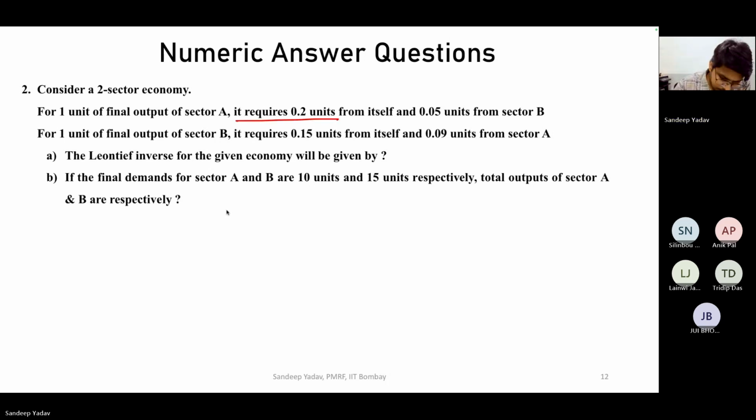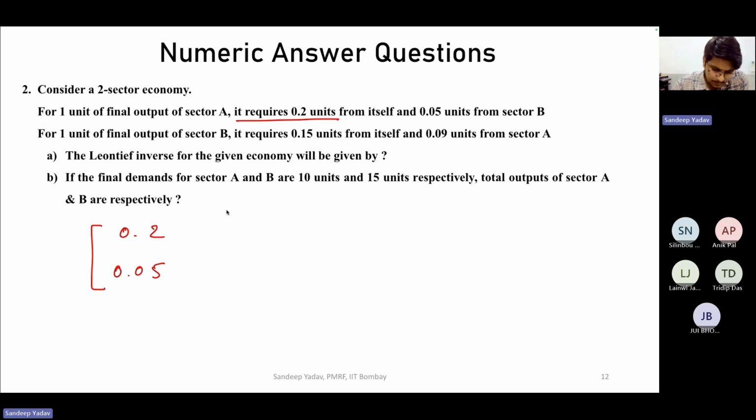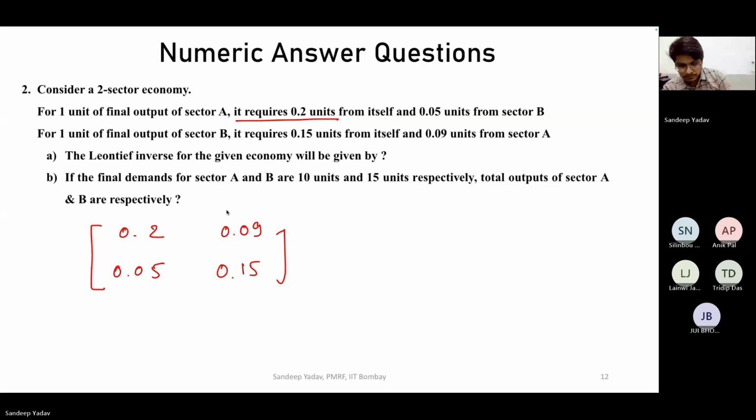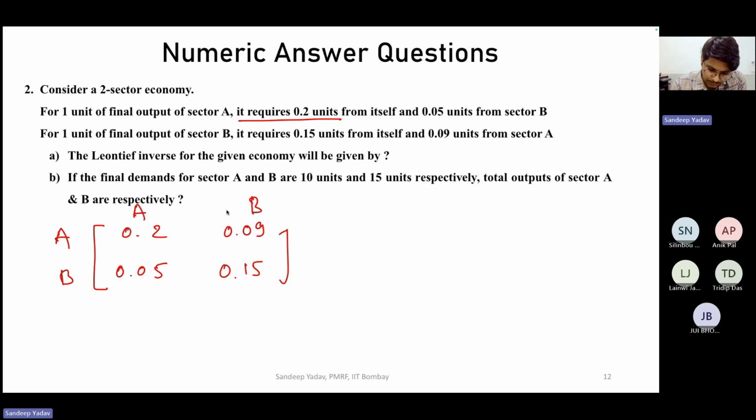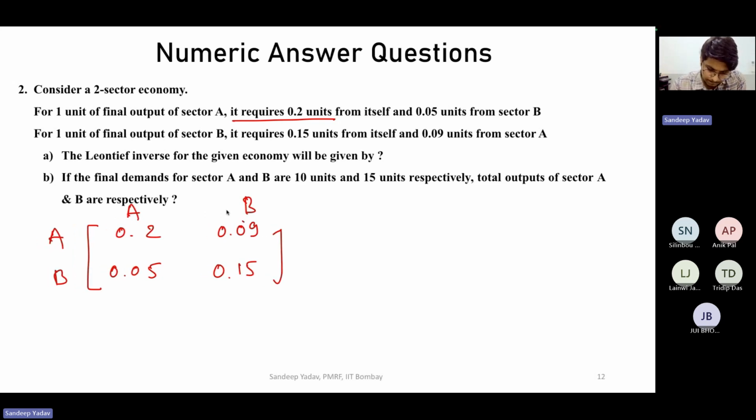That means if you write it in matrix form, it will be 0.2 and 0.05 from B. And sector B requires 0.15 units from itself, that means BB is 0.15, and 0.9 units from A. So if you write A, B, A, B: from A to A is 0.2, B to A is 0.9, A to B is 0.05 and B to B is 0.15.